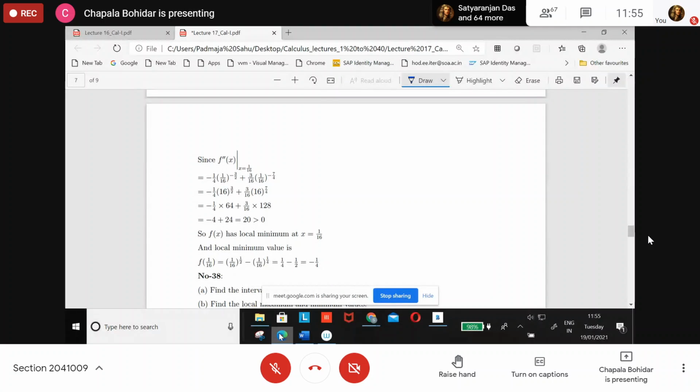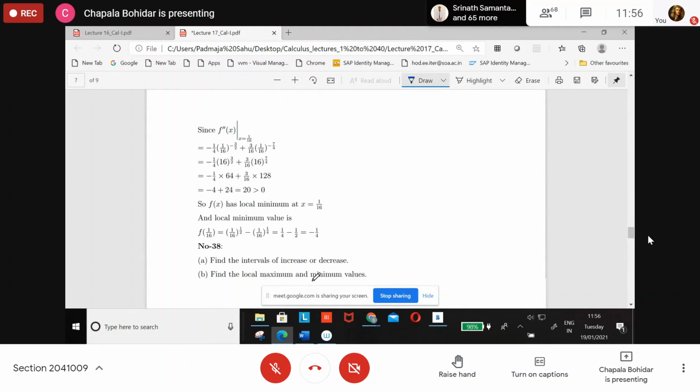But the question is asking which one you prefer. So if you prefer the second order derivative, you can do it. So 1 by 16 I am getting here, the local minimum value.